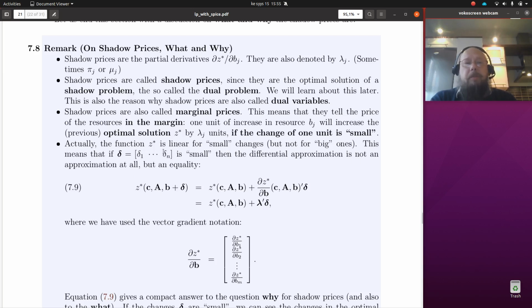So the resource vector, resources change some delta. Well, delta is, I suppose, small. And then I want to calculate what is the optimal value when the B is changed by this delta. It is exactly the original one plus these partial derivatives in a product with this delta.